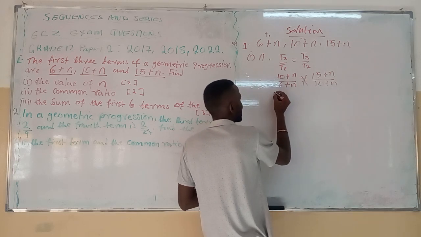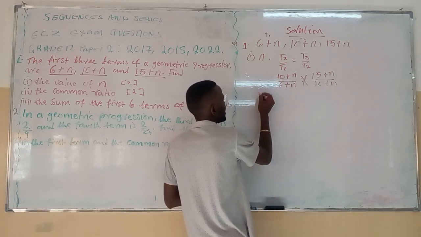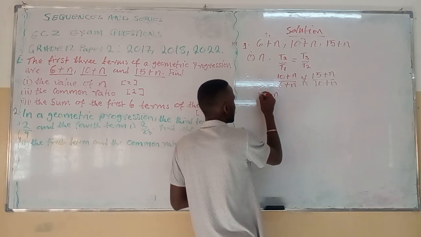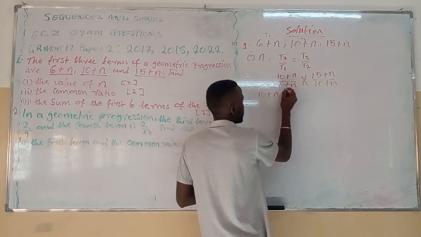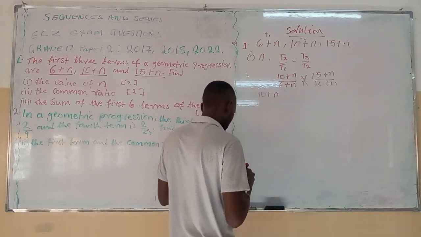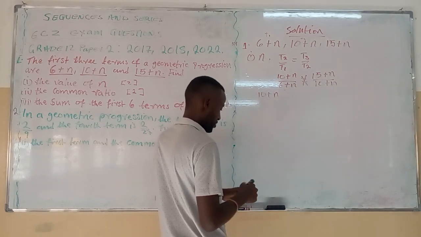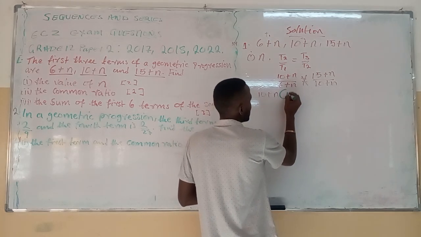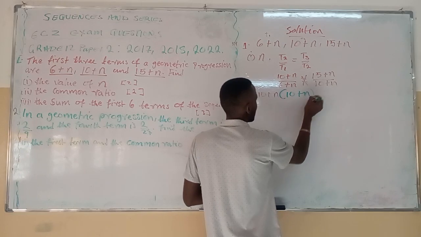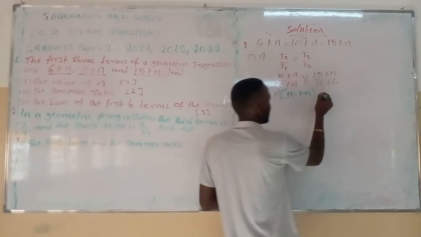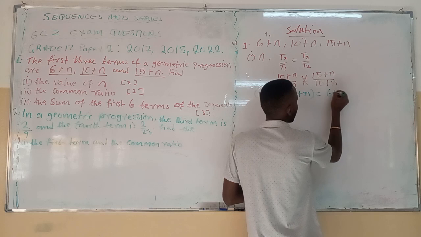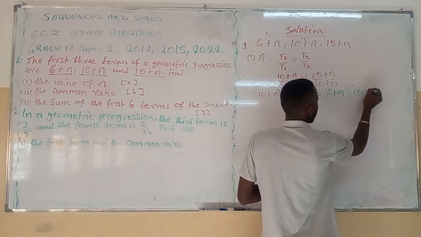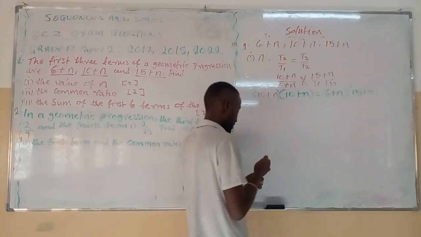My marker is somehow finished, so let me use the green one. So we write 10 plus n multiplied by 10 plus n, equal to 6 plus n multiplied by 15 plus n. That's how we work it out.